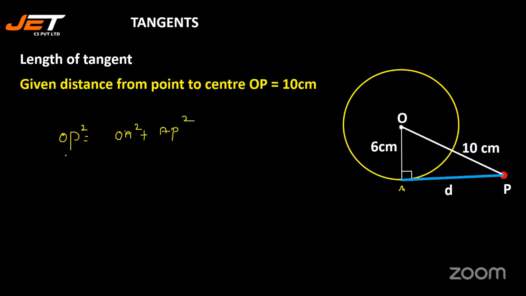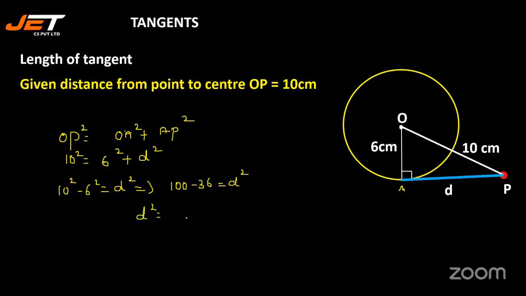So OP square, 10 square, is equal to OA square, 6 square, plus AP square, which is d square. So 10 square minus 6 square is equal to d square, which implies 100 minus 36 is d square. So d square is 64, so d will become the square root of 64, where d becomes 8 centimeter.